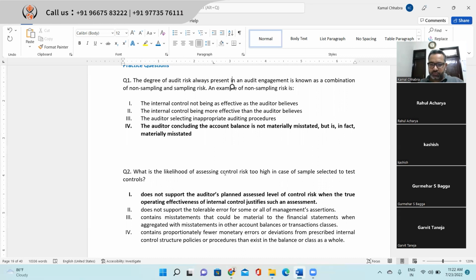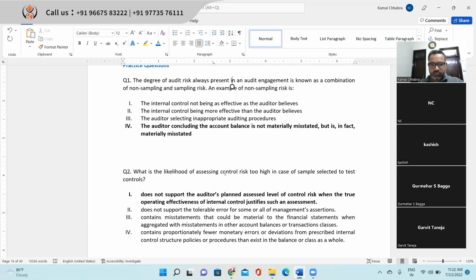Kamal, just one thing here. The first or second point here, do they get covered in the sampling risk section? Yes. But the only reason I'm confused is that there we said the sample could be correct and the population wrong, and vice versa. So how does that fit in here? Let's just consider the first option, internal control not being as effective as the auditor believes.